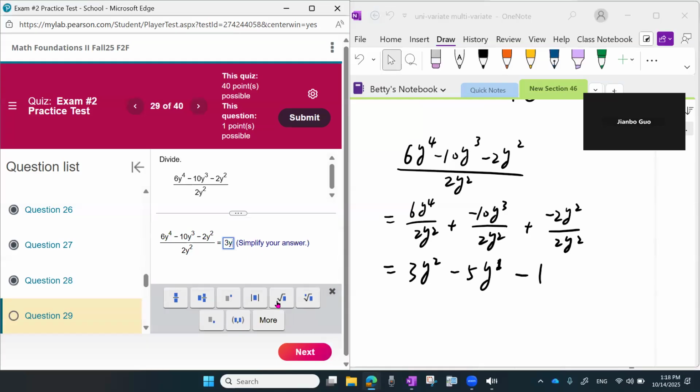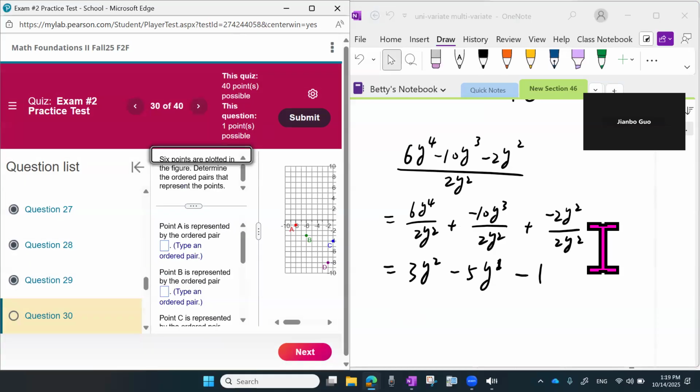Knowing the polynomials are in variable y, do not write x. So 3y squared minus 5y, and then minus 1.